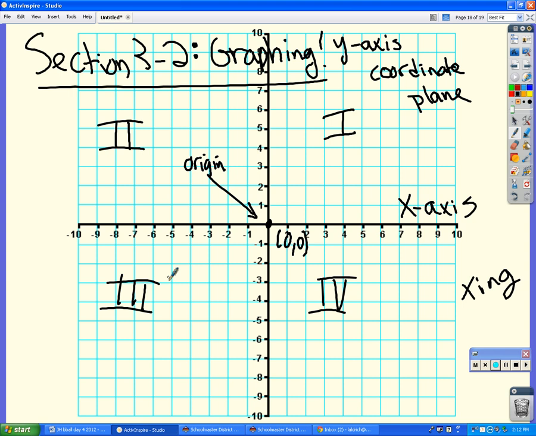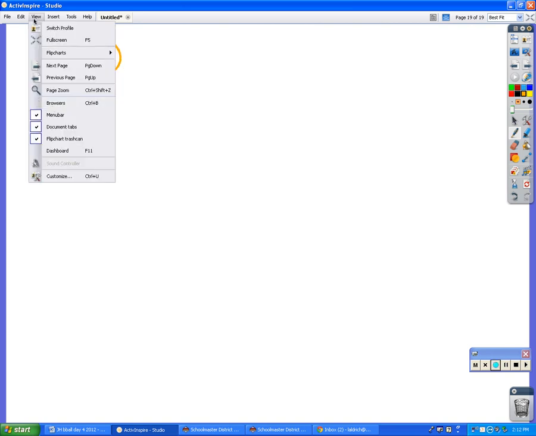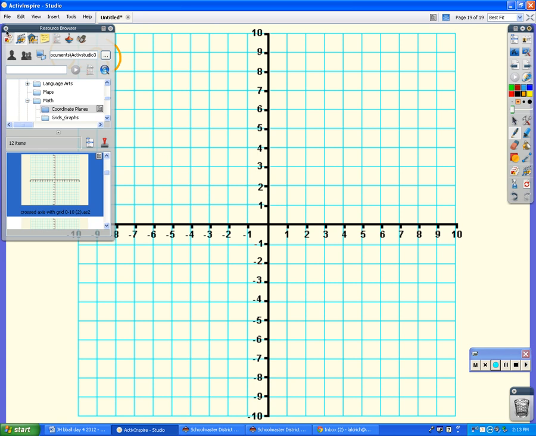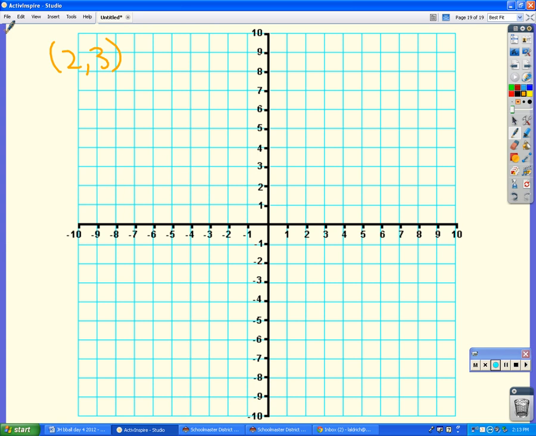So, for example, if I asked you to graph the point 2, 3, the 2 is the x coordinate, and the 3 is the y coordinate. That means you're going to go 2 in the x direction and 3 in the y direction.